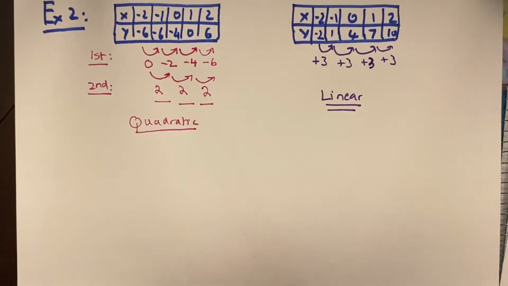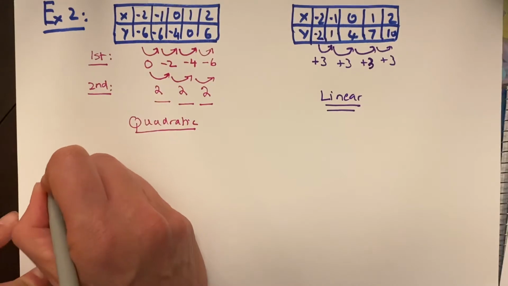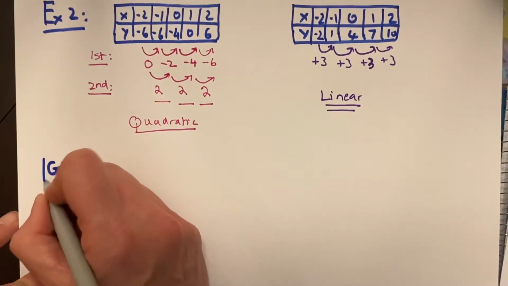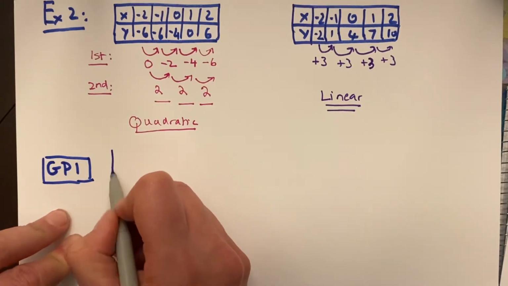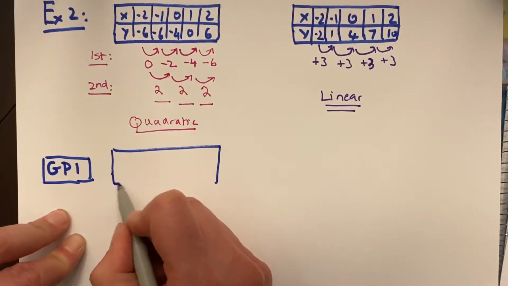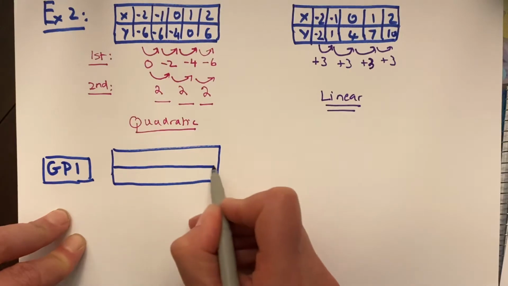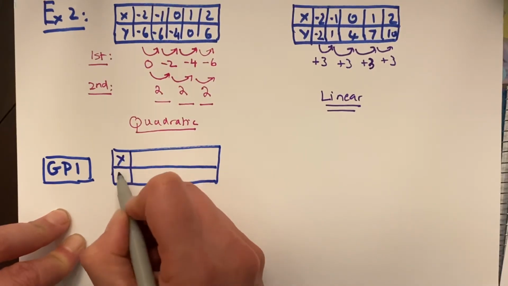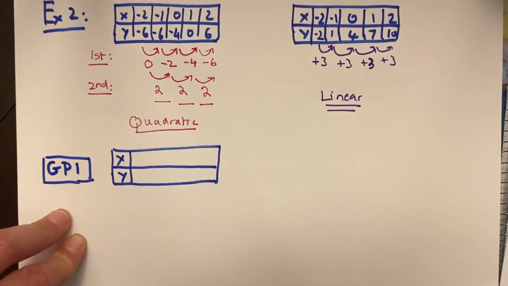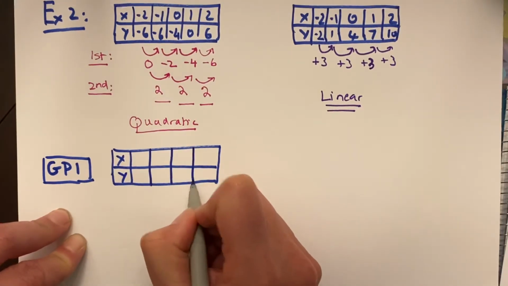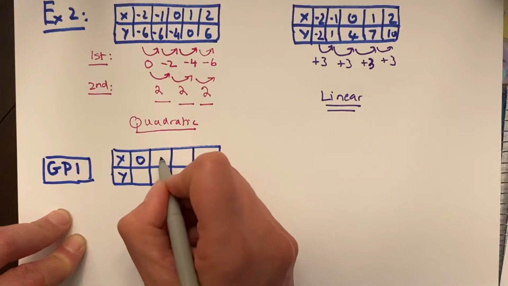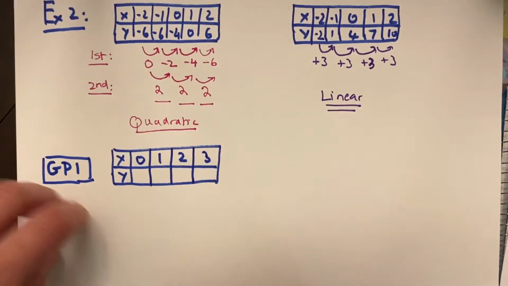So I'm going to start with guided practice 1 and 2 down here by drawing you the data. So guided practice 1 gives us data. And they only give us 4 x values this time. 0, 1, 2, 3.